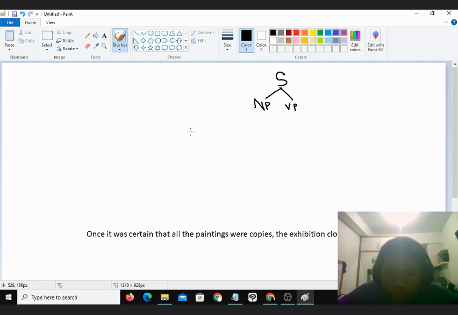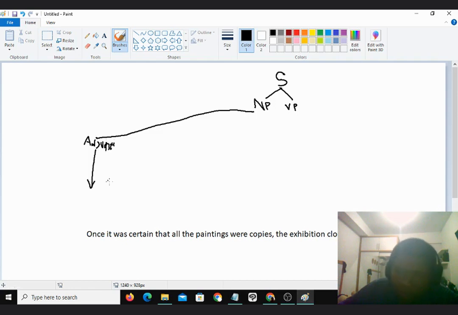Then we split it again into this part for the adjunct. Let's focus on "once" and the noun phrase. Okay, the noun phrase will be put here.